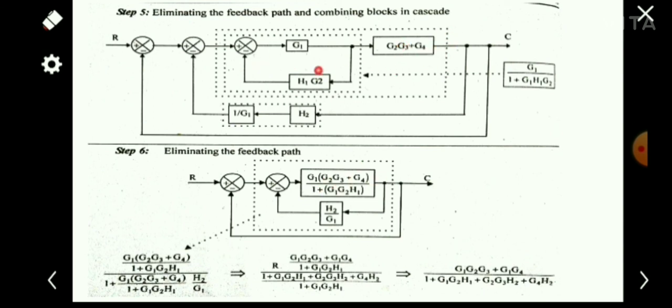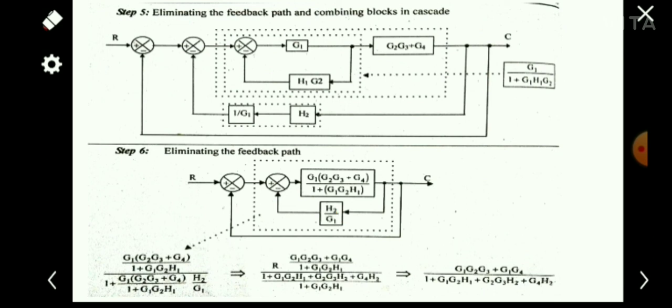We can simply combine these two blocks, so the entire large block becomes a small loop here. The feedback gain is H2 and 1 by G1 multiplied together, so it becomes H2 by G1.